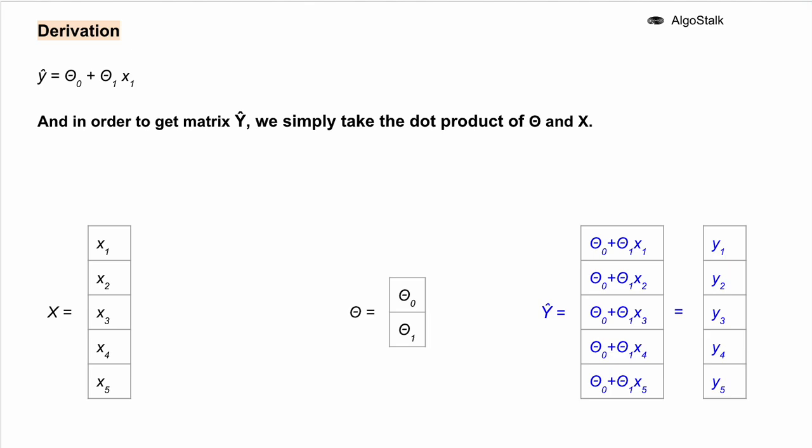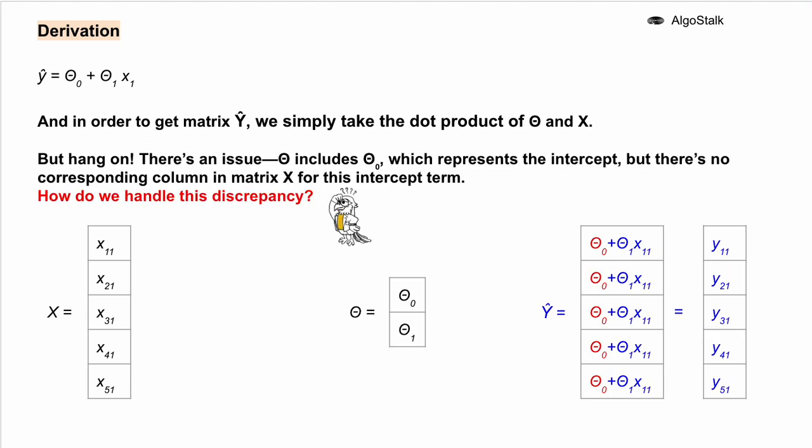This gives us a new matrix where each row is calculated like this: theta 0 plus theta 1 x1, theta 0 plus theta 1 x2, and so on. The result is a matrix of predicted values y hat with values like y1, y2, y3, y4, and y5. This is how we generate our predictions using the line equation.